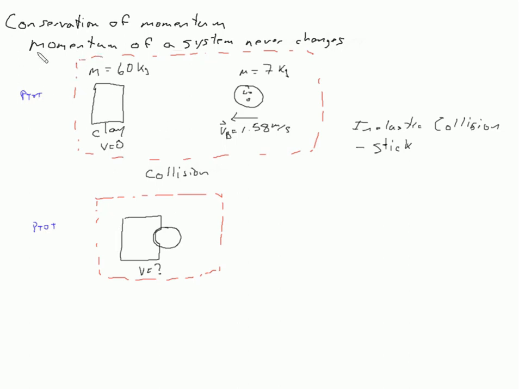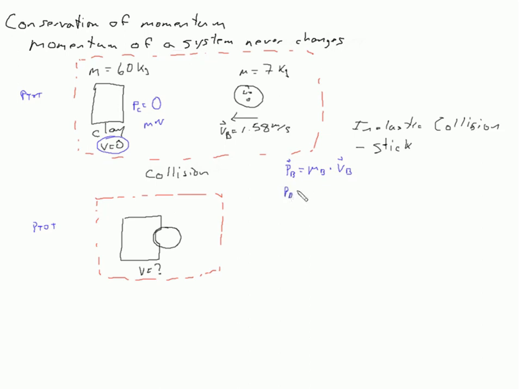So let's look at the blob of clay real quick. Since it's not moving, the momentum of the clay is just going to be 0. Don't forget, momentum is just mass times velocity, and we have no velocity, so we have no momentum. The bowling ball over here, however, does have some momentum to start with. It's moving. So the mass of our bowling ball times the velocity of the bowling ball will give us our momentum.